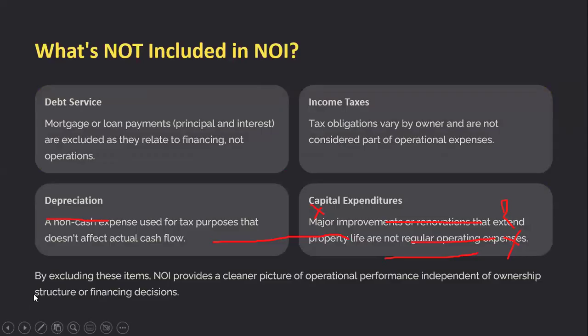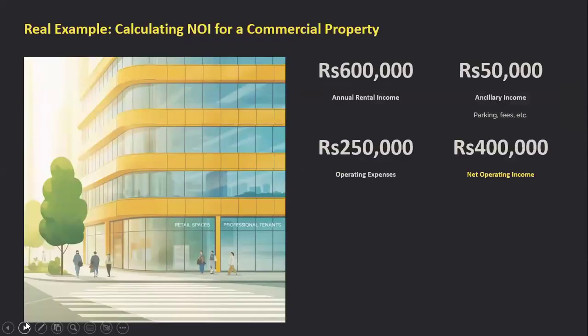So what is not included? It does not include administrative tax, depreciation, capital, and other principles. It basically only focuses on operating income. Now let's talk about a real example. My real income from rent is 6 lakh. My ancillary income is 50,000 and my operating expenses are 2 lakh 50,000.